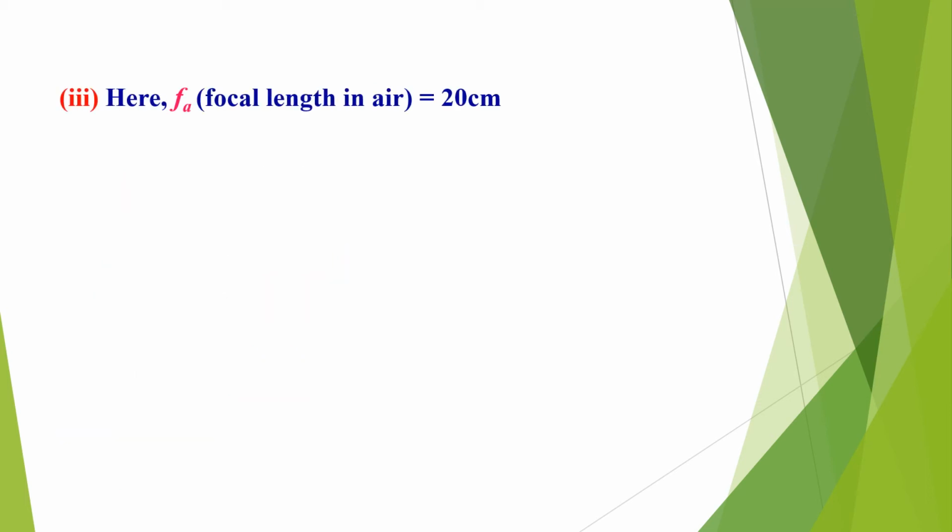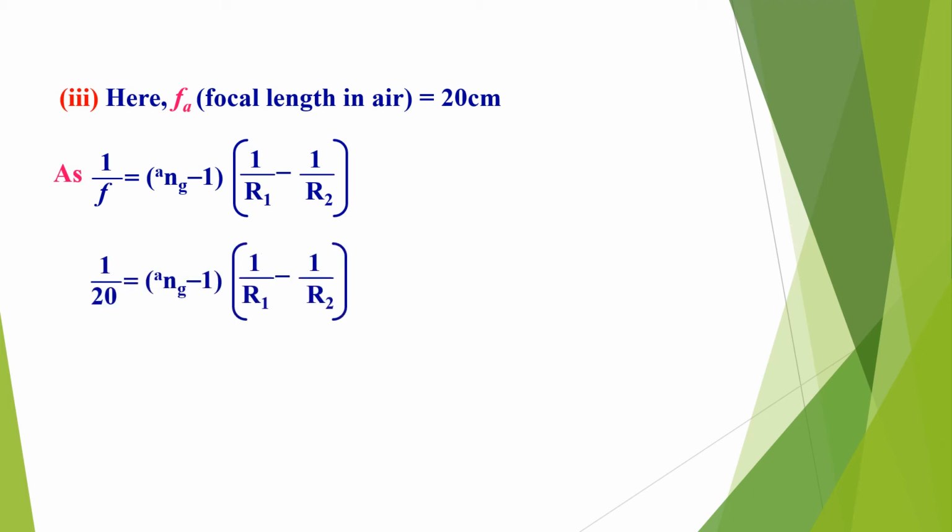Here the focal length in air is given as plus 20 centimeter, the third question. Then by using the lens maker's formula, 1 by f is equal to the refractive index of glass with respect to air minus 1 multiplied by 1 by r1 minus 1 by r2.